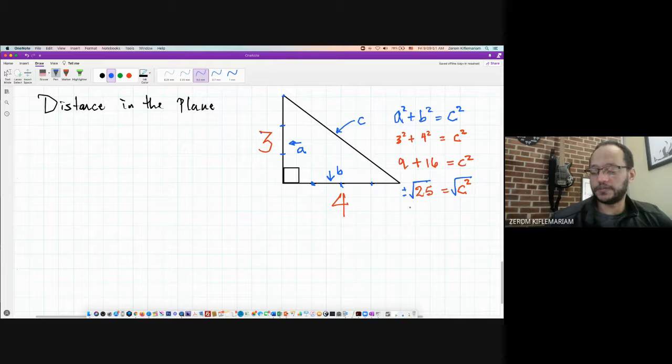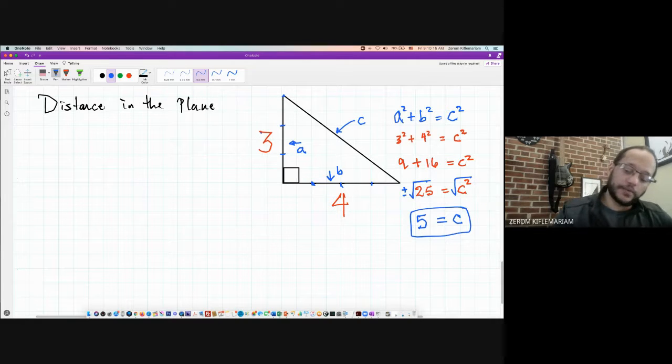So the square root of 25 is just 5. Since we are dealing with distance, the distance is always positive. We're not going to say positive 5, negative 5. Our answer is C is equal to 5. That is the way we solve it if it was just A squared, B squared, given in a triangle format.